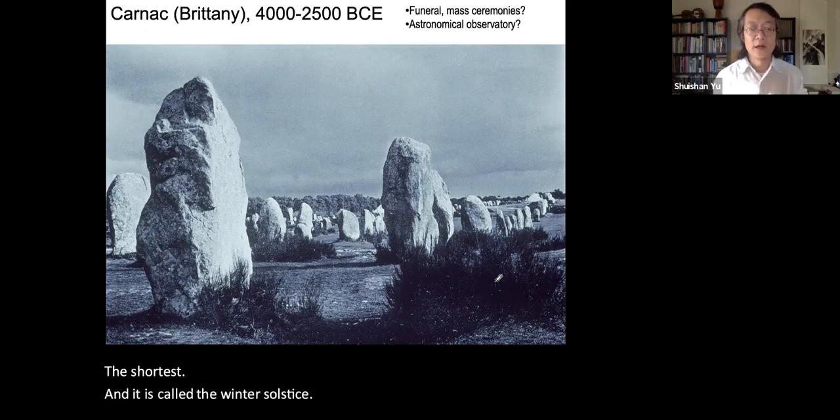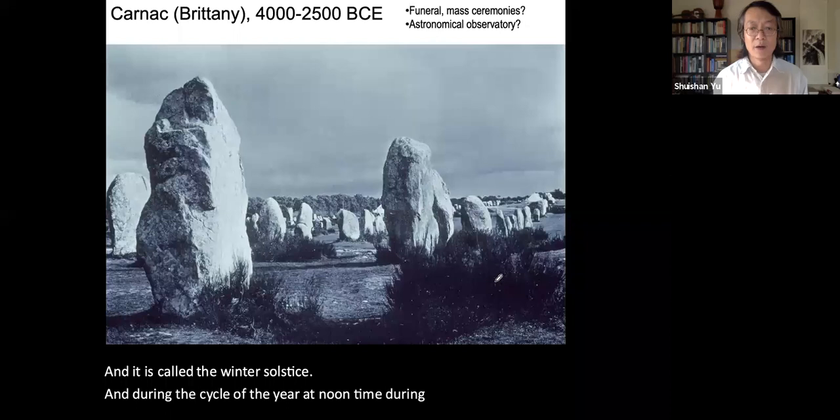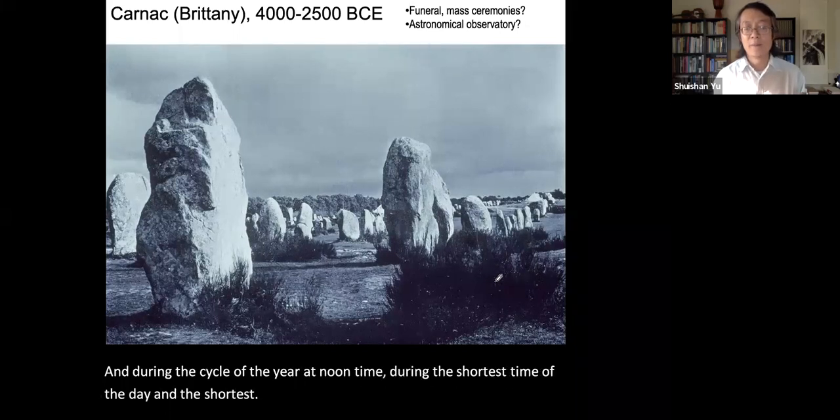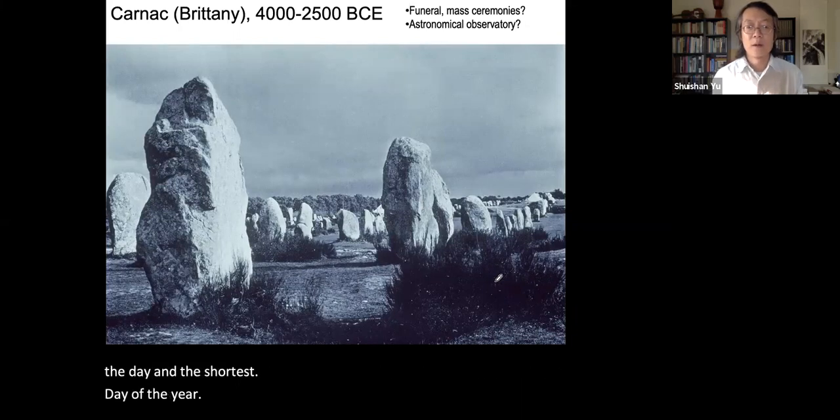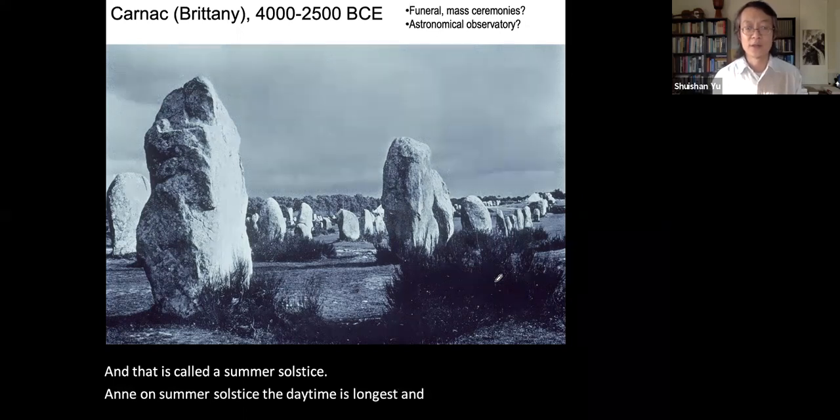And that is called the winter solstice. And during the cycle of the year, at noon time, when the shadow is the shortest, that is the longest day of the year, and that is called the summer solstice. On the summer solstice, the daytime is the longest and the night is the shortest.